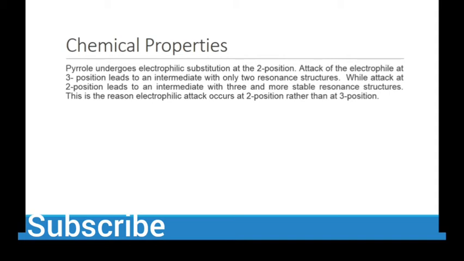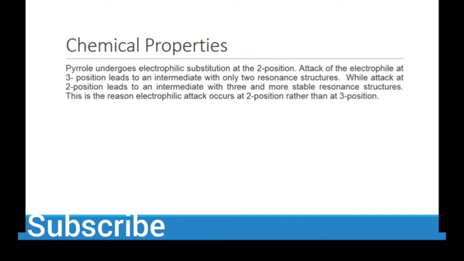I already told you that if one compound is forming 2 structures and another is forming 3 structures, the compound with 3 resonance structures is more stable. This is the reason electrophilic attack occurs at the 2 position rather than the 3 position: at the 2 position we have 3 resonance structures, and at the 3 position we have 2 resonance structures.